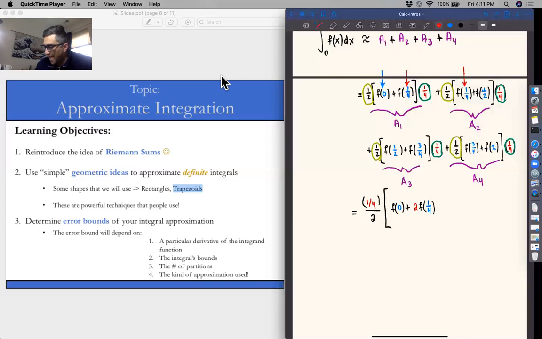We're also going to see on that same note, there's 2 different function evaluations at 1/2. We have the one from the area of trapezoid 2, and we have the one from the area of trapezoid 3. So we're going to add 2 of those together.